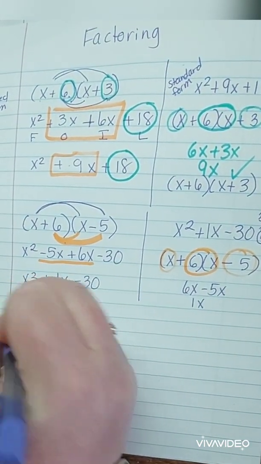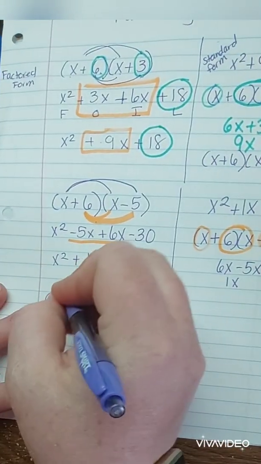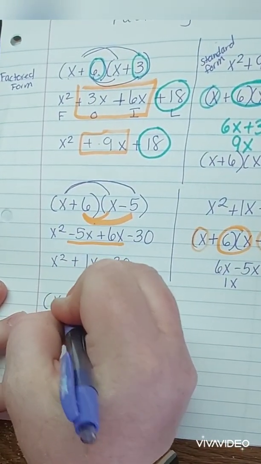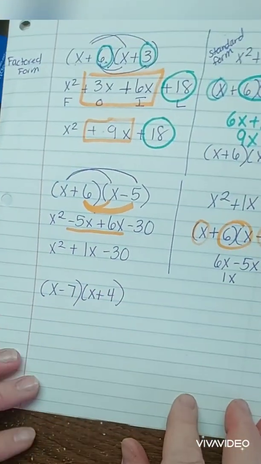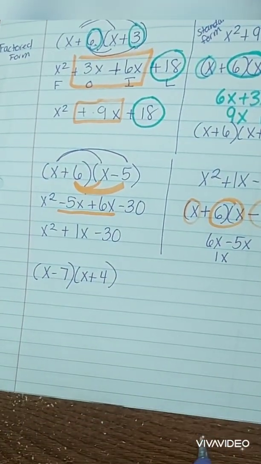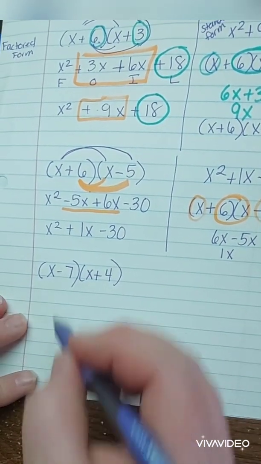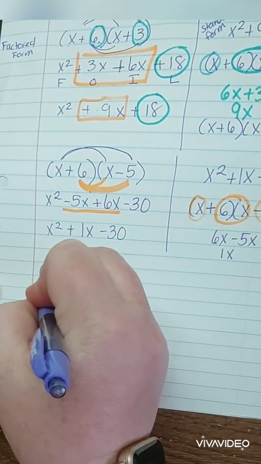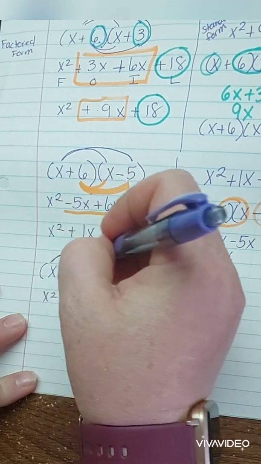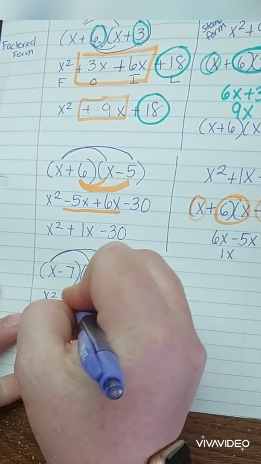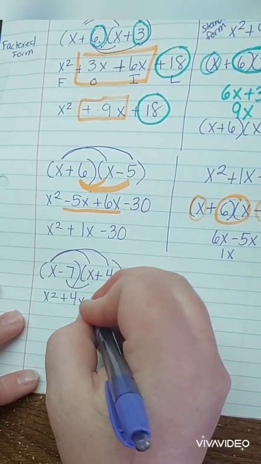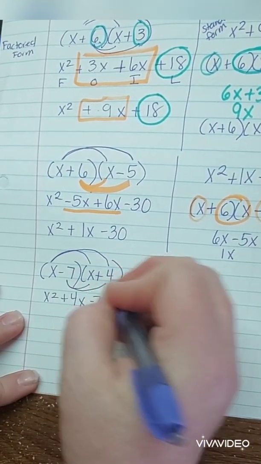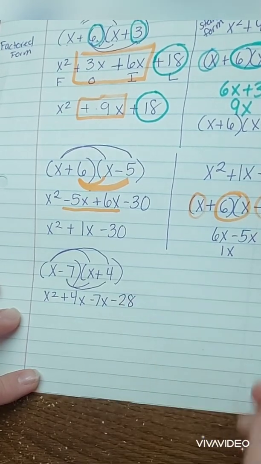All right, let's do another one. Let's do x minus 7, x plus 4. All right, here we go. x times x is x squared. x times 4 is 4x. -7 times x is -7x, and -7 times 4 is -28.